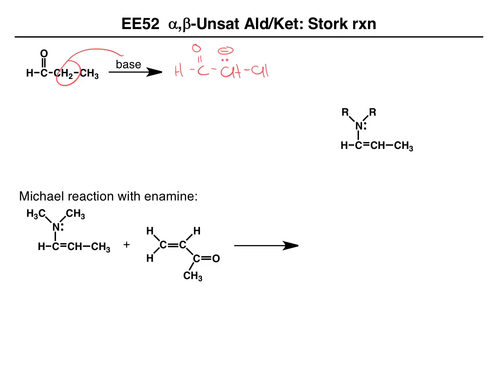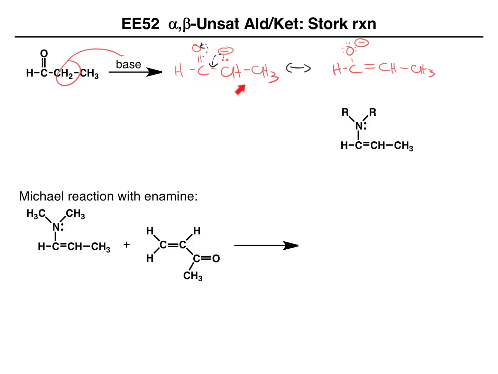Now, I always write it using this resonance structure because it's helpful to think about how it reacts. But let's go ahead and consider the other resonance structure, which is actually the predominant resonance contributor. So imagine these electrons move here and these electrons move here. That gives us this.